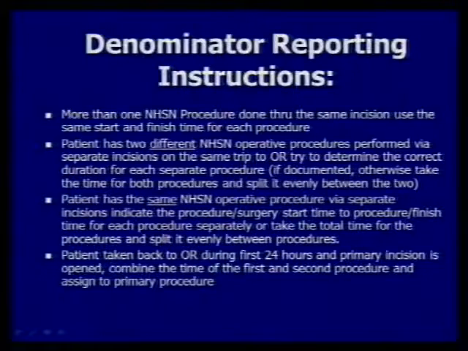So this might be if they do a hip and a knee, one hip and one knee, or two different procedures using two different incisions. If you can't clearly discern from the OR record when one started and stopped, then take all of the time that they were in there and divide it equally between the two procedures.